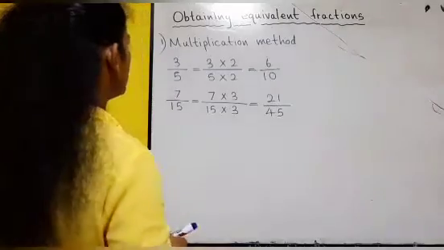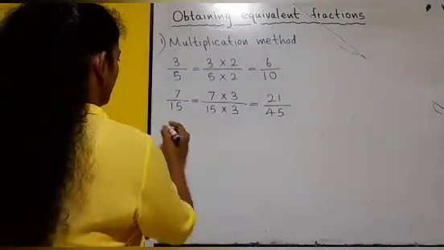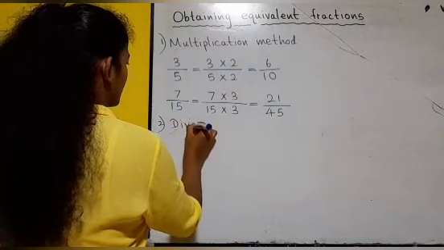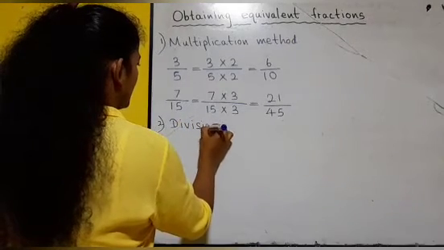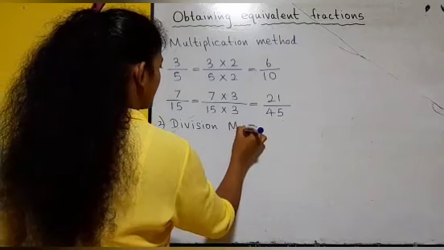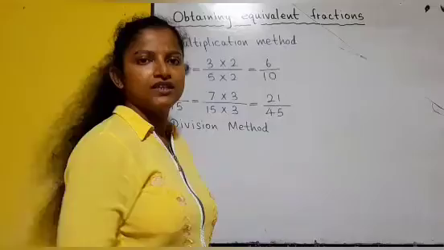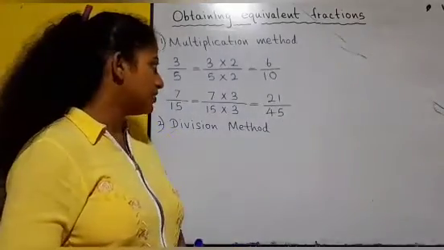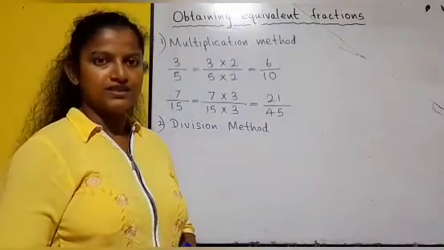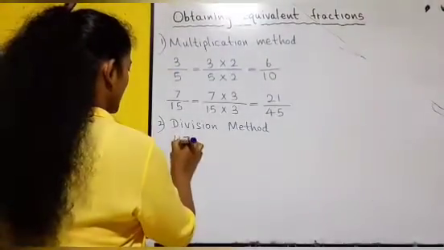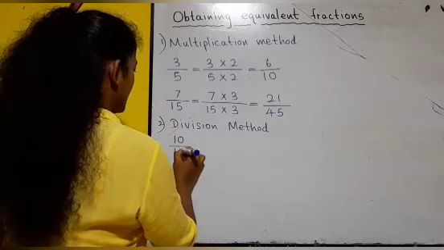We will discuss the second method now. The division method. In division method, we are dividing both numerator and denominator with the same number. I will consider the fraction 10 over 15.